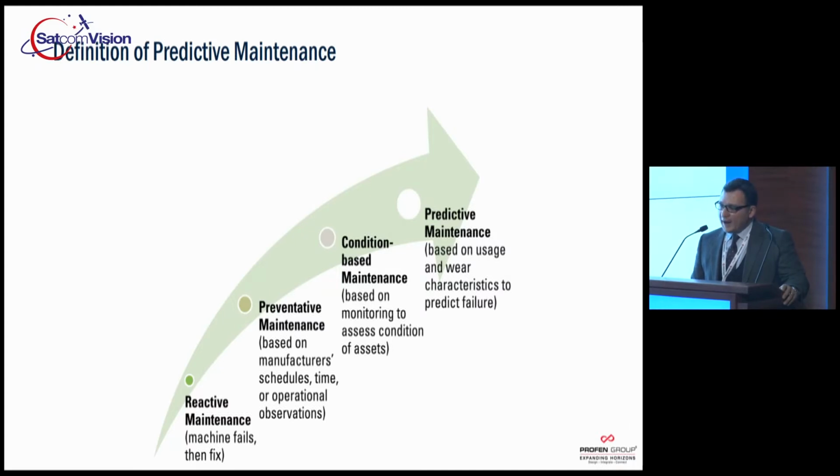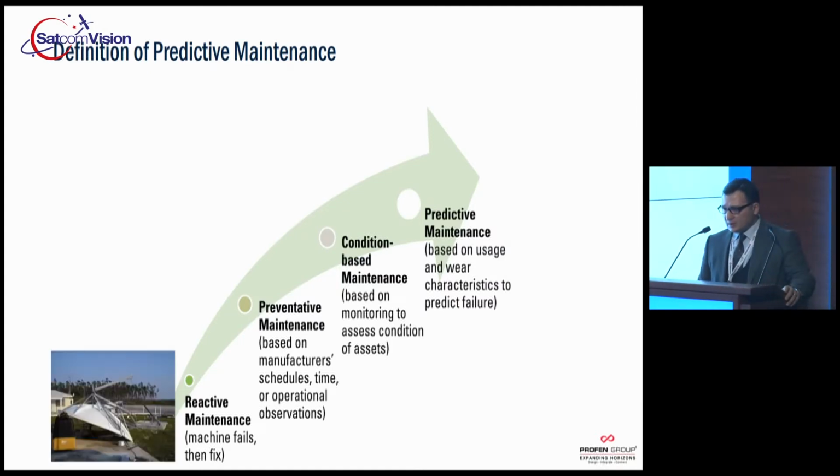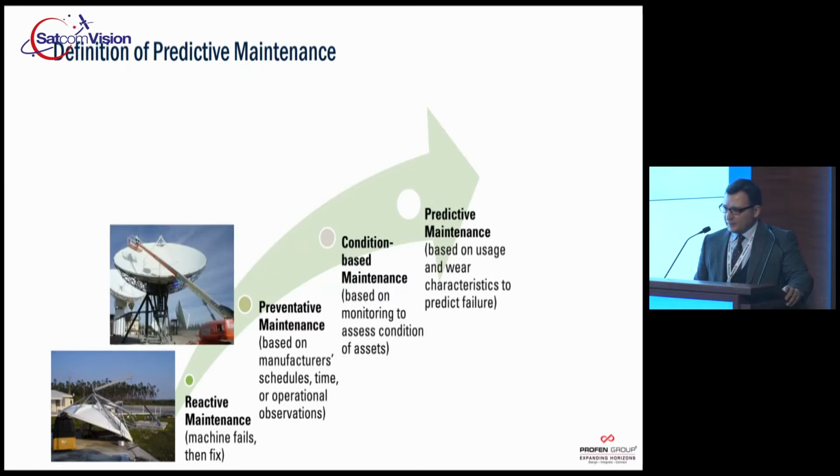Let's start with reactive maintenance. Reactive maintenance is: if it ain't broke, don't fix it. This is the very old-fashioned way of handling these large systems. If the machine fails, then you fix it, but you may encounter problems like that. Preventive maintenance comes afterwards.